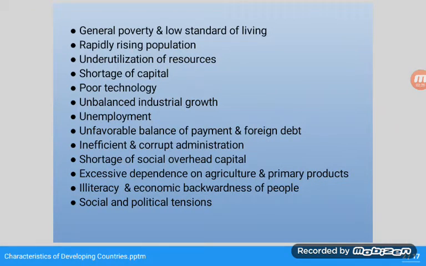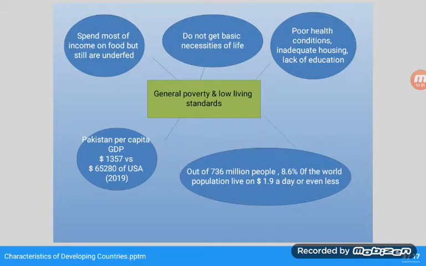Here I have given a list of a few characteristics that I've compiled, and I'll discuss them briefly one by one. Coming to the first one. Now, the developing countries, the first thing we notice about them is that there is general poverty and low living standards in those countries.